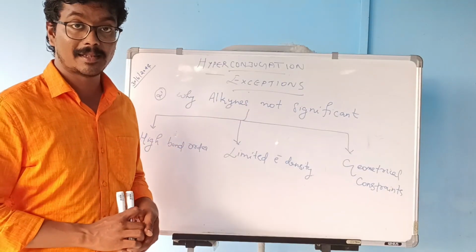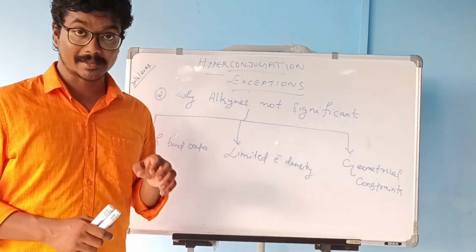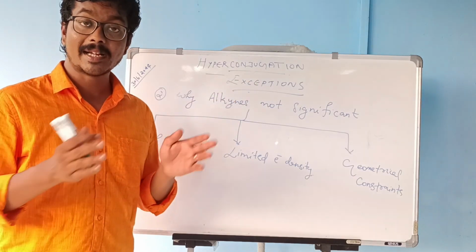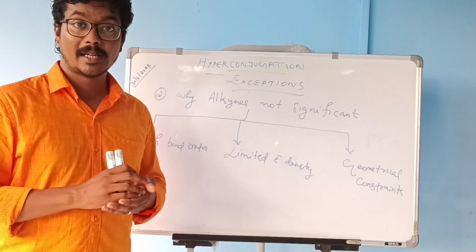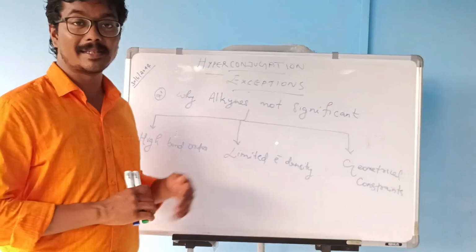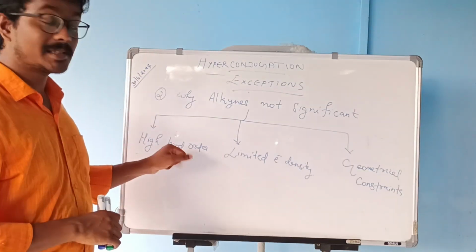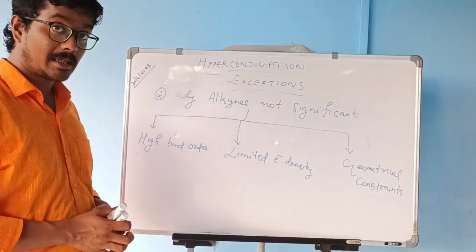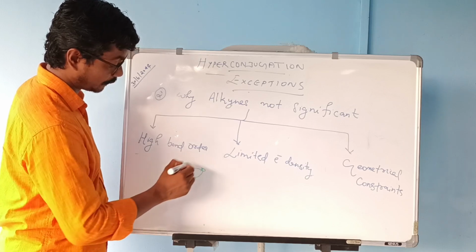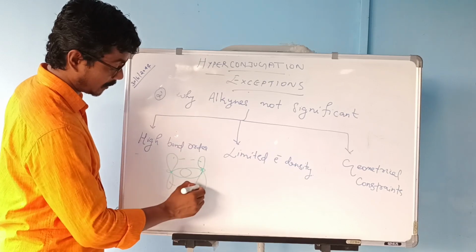Why are alkynes not significant or not participating in hyperconjugation? There are certain cases where hyperconjugation is possible in alkynes, provided an additional diene yielding a double bond is required in that particular compound. But in most of the examples, alkynes are not significantly participating in hyperconjugation due to the following reasons. First is high bond order. You all know that in an alkyne, one sigma bond is there and pi overlap is there.